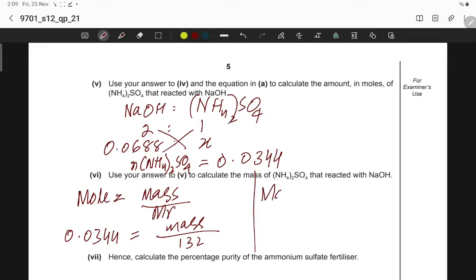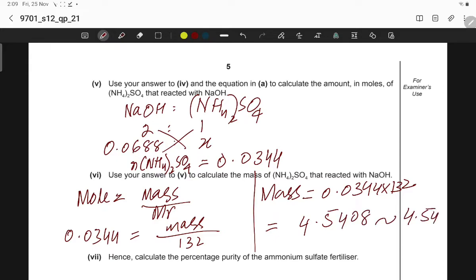Now mass is equal to mole into Mr. This is equal to 4.5408, that is 4.54.